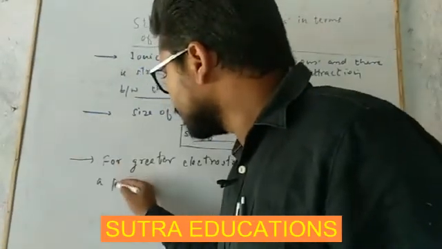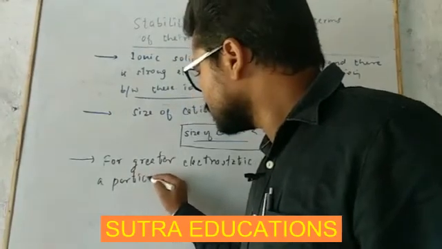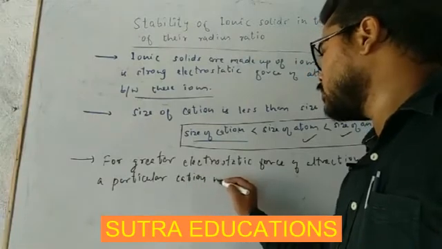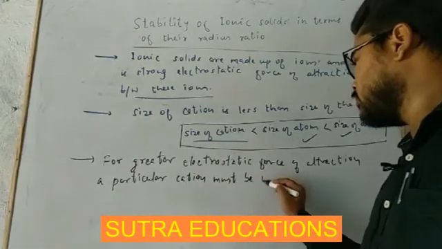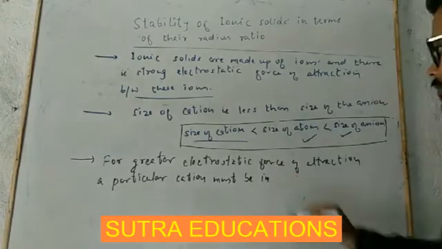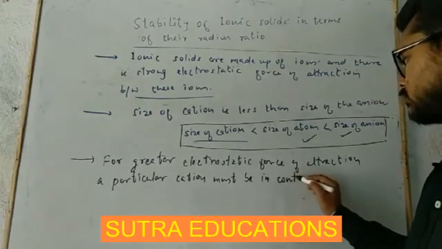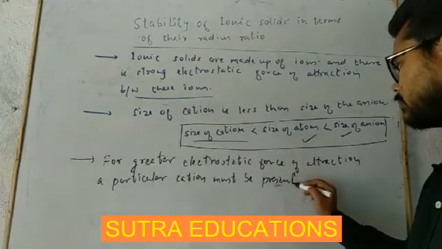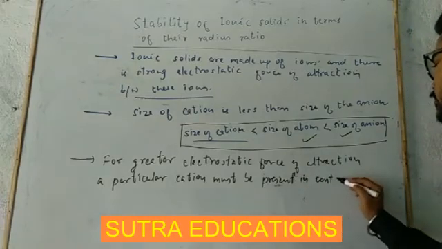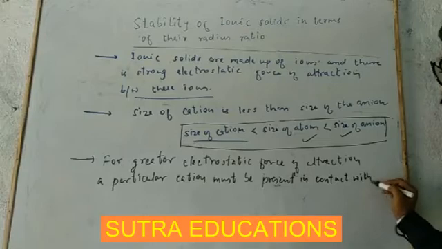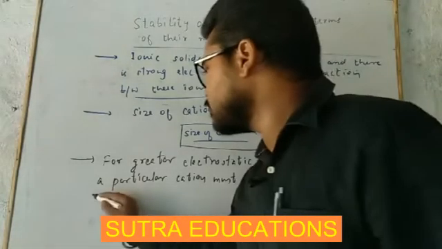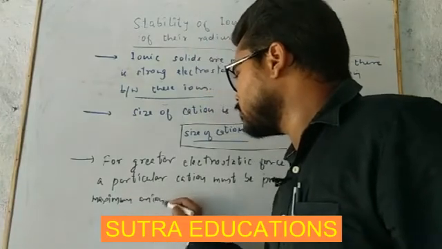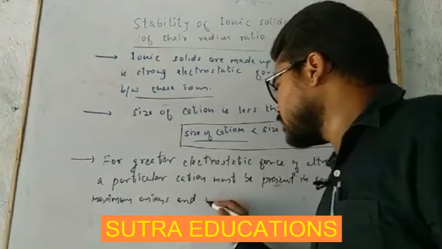a particular cation must be present in contact with maximum anions and vice versa.